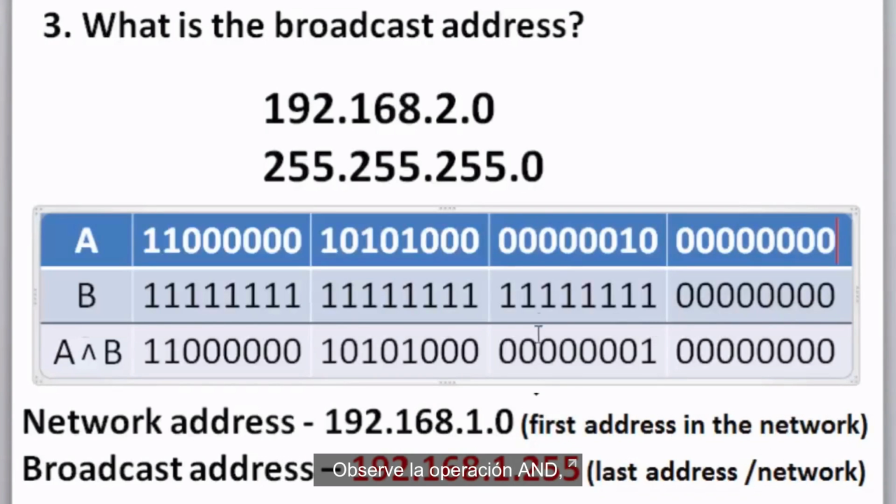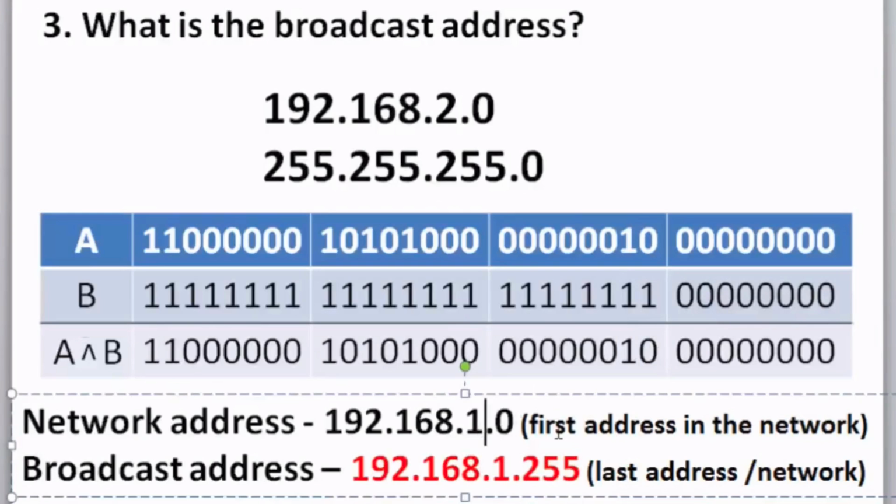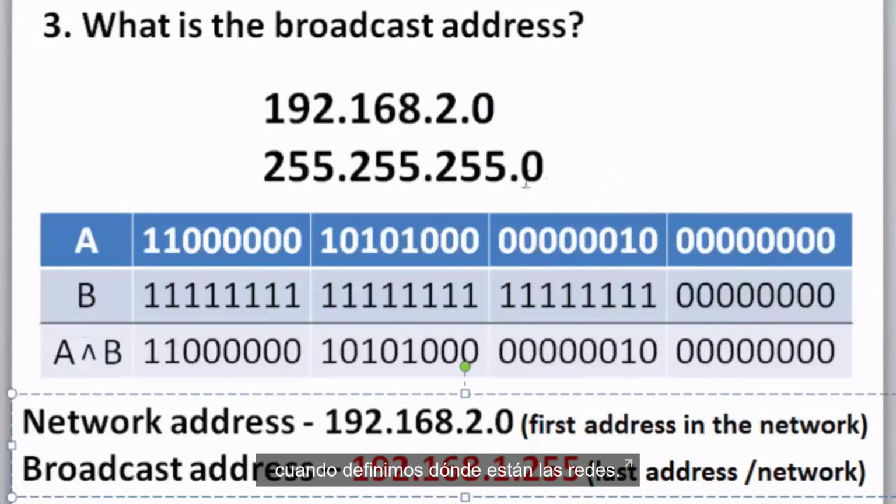Notice the ANDing operation. A false and a true is a false, false, false, false, but when we get here, a true and a true is a true, and a false and a true is a false, and now the network address is the 2 network, 2.0. So you can see how important ANDing is to defining just where the networks lie.